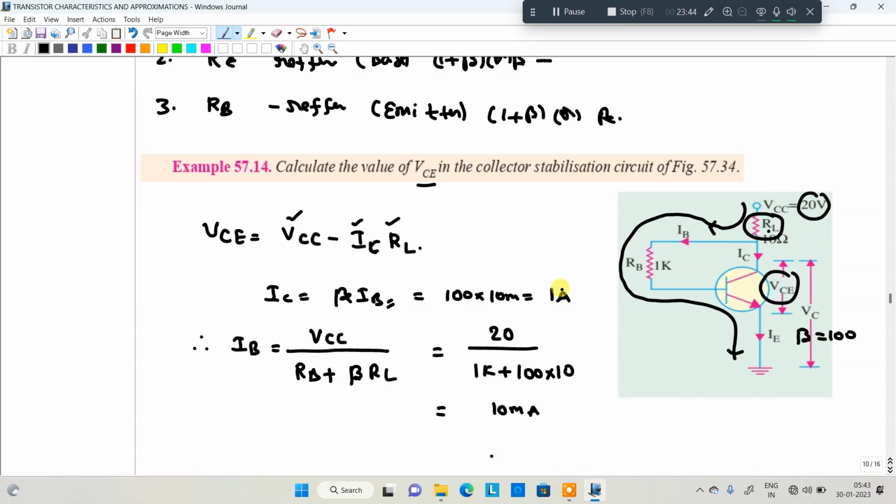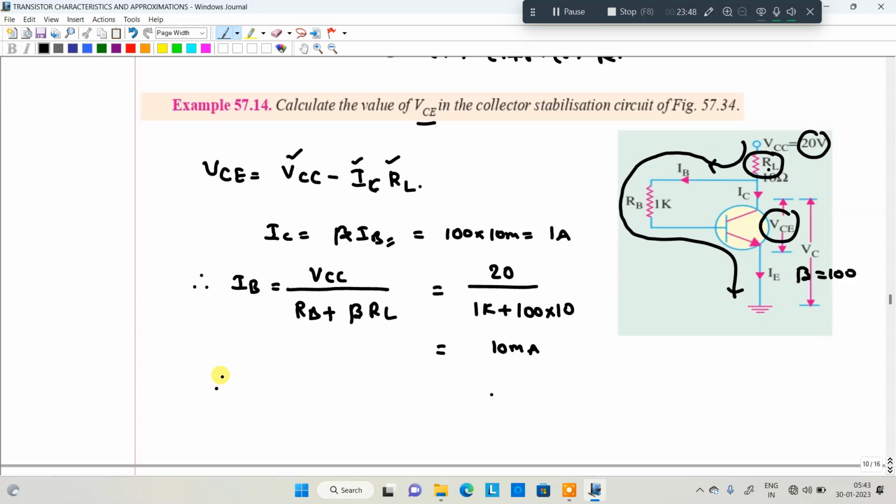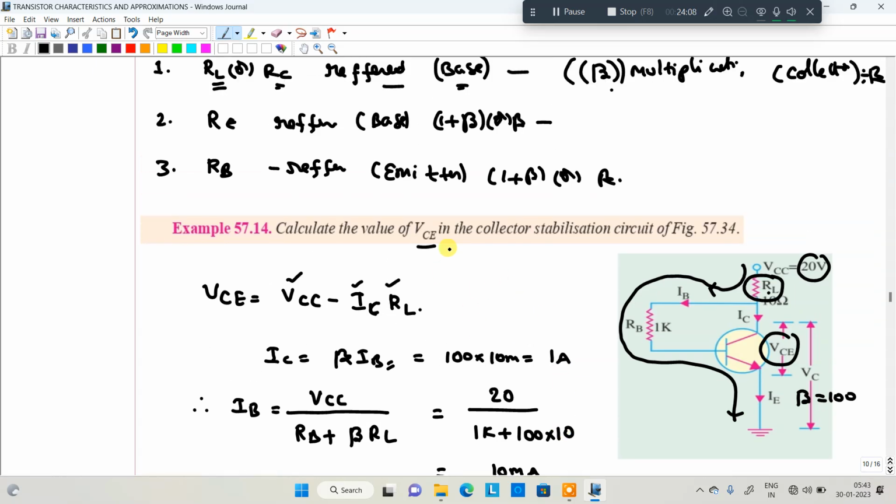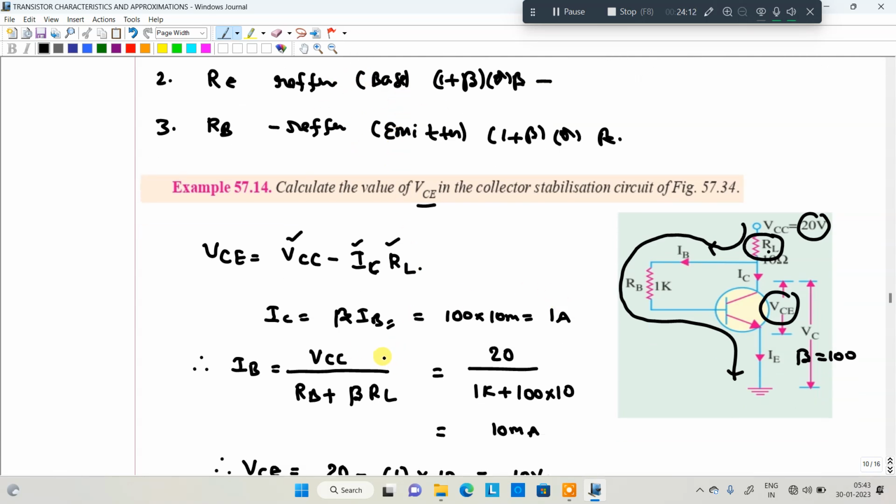Therefore VCE is equal to VCC 20 minus IC 1 ampere into RL 10, which is 10 volts. It's very simple. If you apply the beta rule and remember these three shortcut formulas, you can substitute and get the answers.